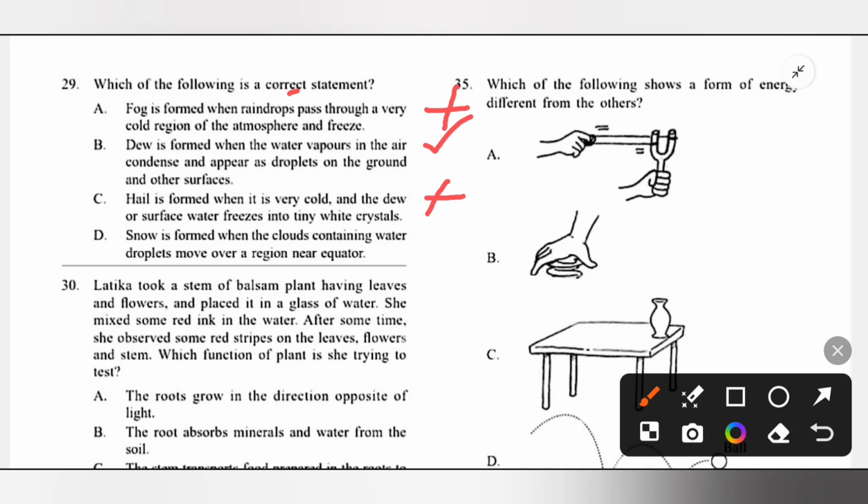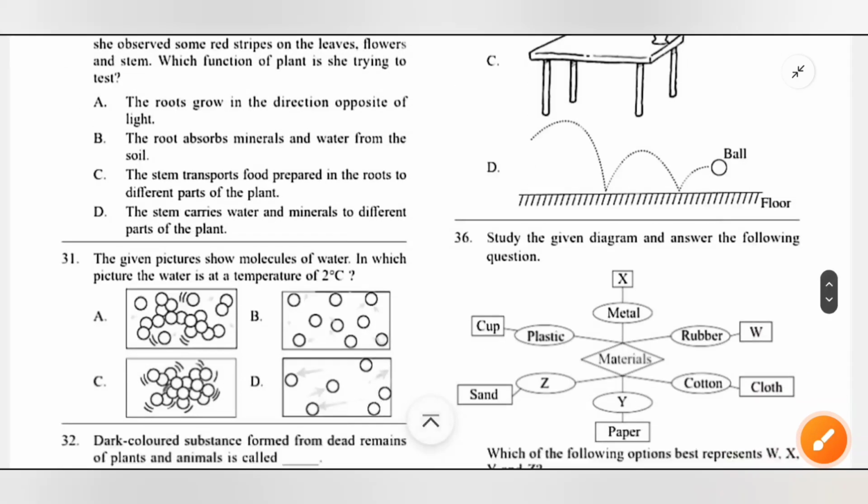Okay. D, snow is formed when the clouds containing water droplets move over a region near equator. It is also incorrect because snow is formed when the clouds containing water droplets move over a region near the freezing point of water. So option B is the correct answer. Okay. Next one.